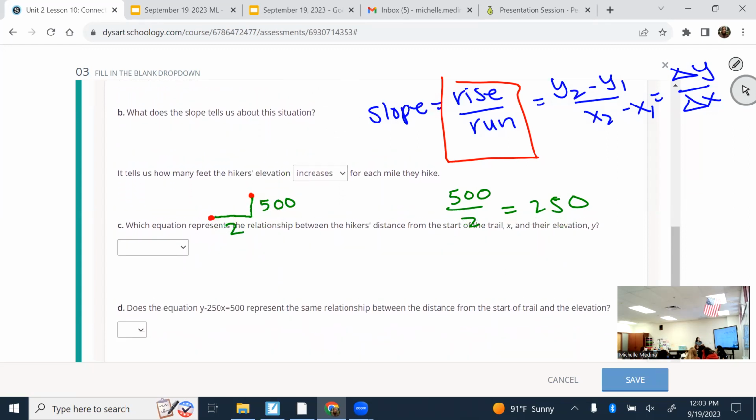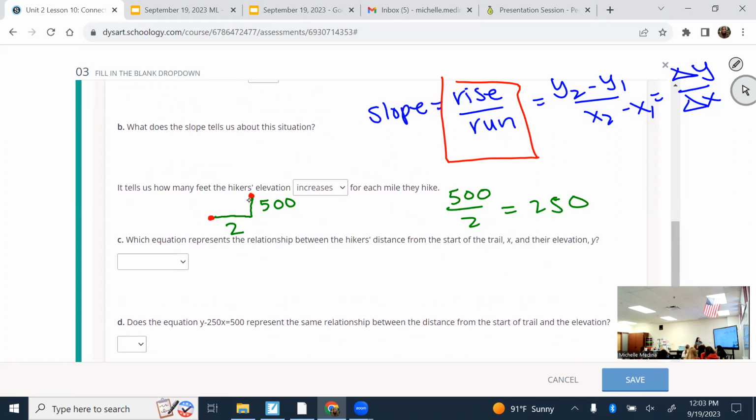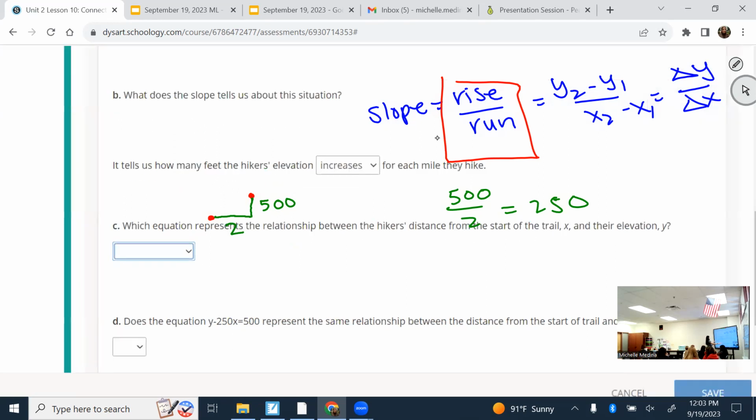And which equation represents the relationship? Both of these equations are in slope-intercept form. So what did we say our slope was? 250. Only one of these has a slope of 250. Is it the top one or the bottom one? Sorry if it's hard to see wherever you're at.